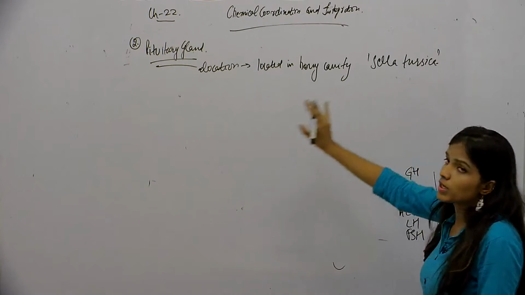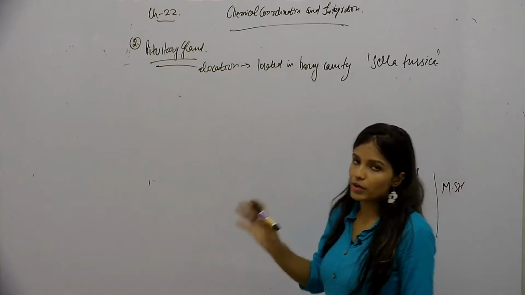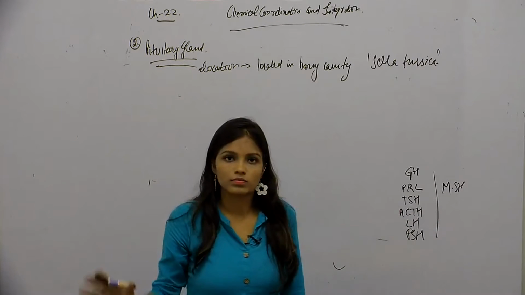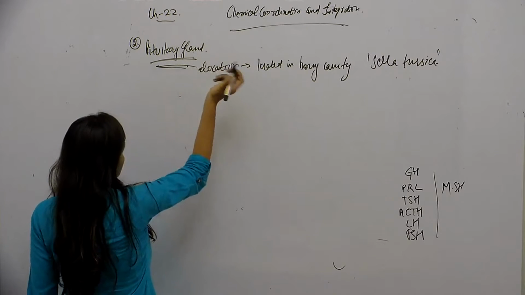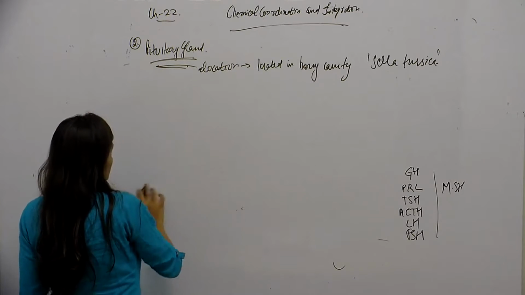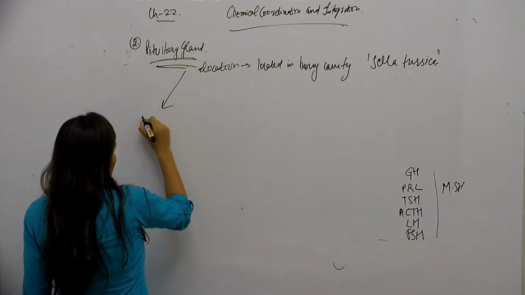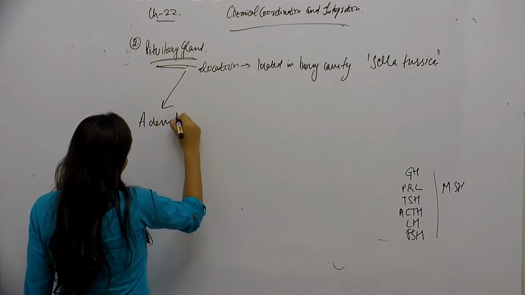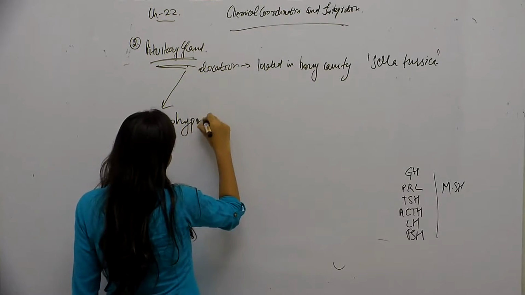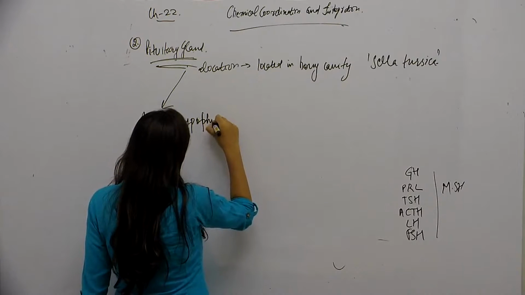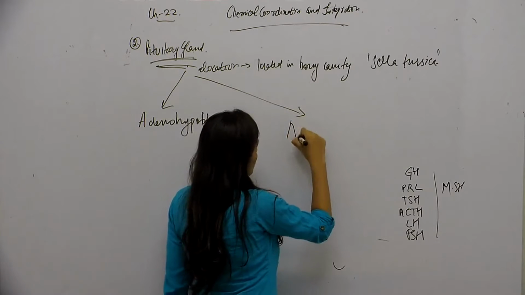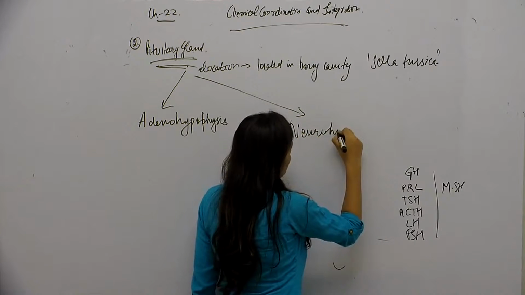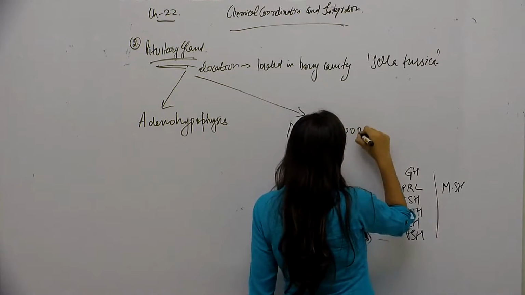Now the pituitary gland can be divided into two: the first one is the adenohypophysis, and the next one is the neurohypophysis.